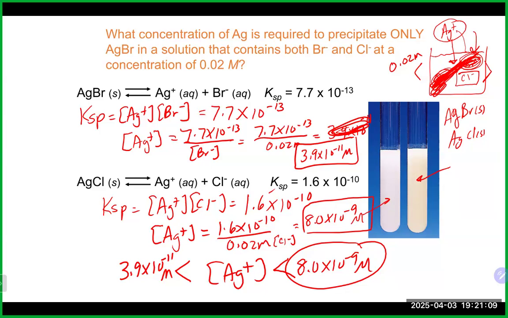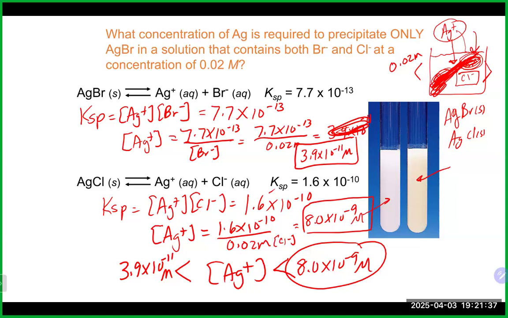And again, here, by controlling the concentration of the silver, we're able to selectively precipitate out both of those ions, basically one at a time, using actually the same ion to do so. We can use silver in both cases, but by controlling the concentration, we can selectively almost reach in there and just take out the bromide. And once that's gone, we could then increase the concentration of the silver and reach back in and start taking out the chloride.